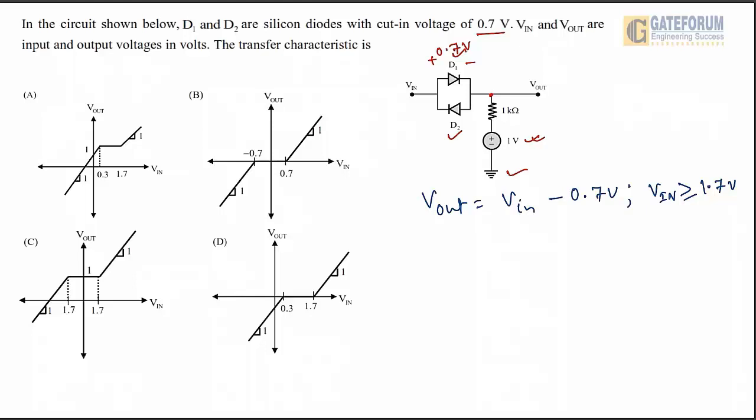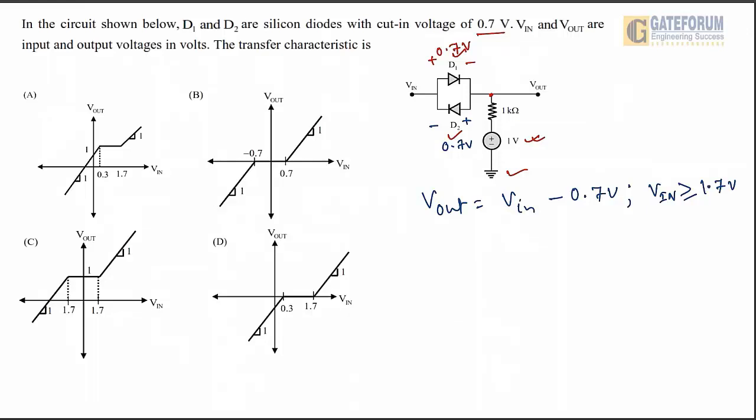Now for this D2 diode, when will it conduct? As per their polarity, it should have plus, this is minus, this is 0.7 volt. Now you see that this DC voltage has the polarity minus plus, and for this D2 diode it is plus minus. So this 0.7 will be subtracted from 1. So the remaining is 0.3 volt.